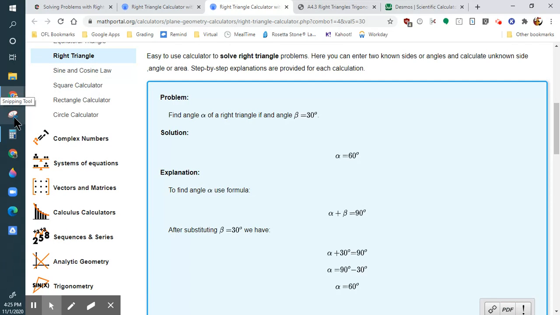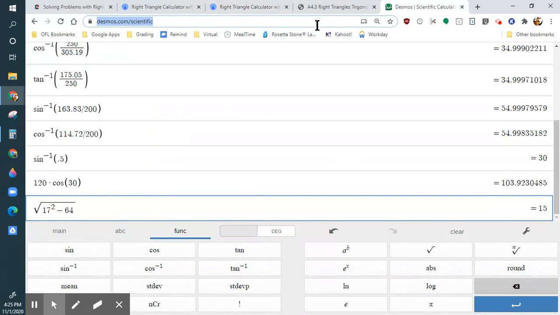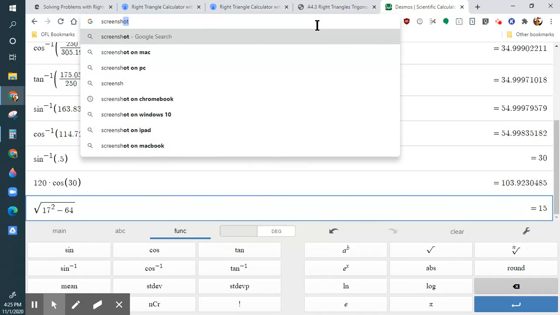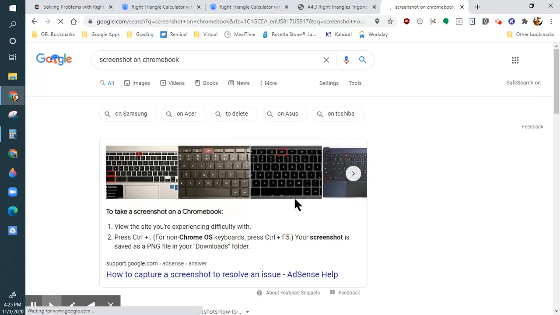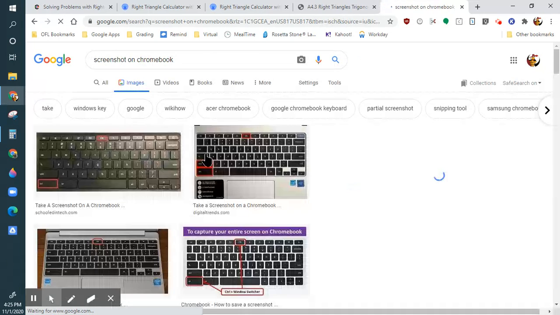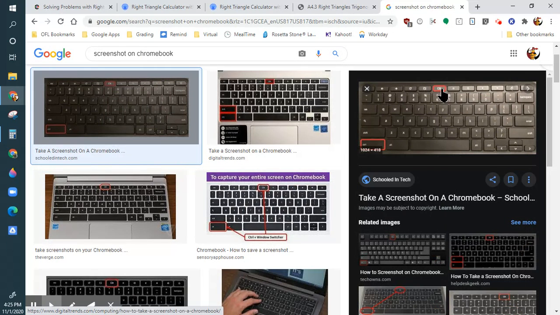You can always use Control and that little screenshot button. So if you guys still have trouble with screenshots on Chromebook, you do Control and this little button right here on your Chromebook.